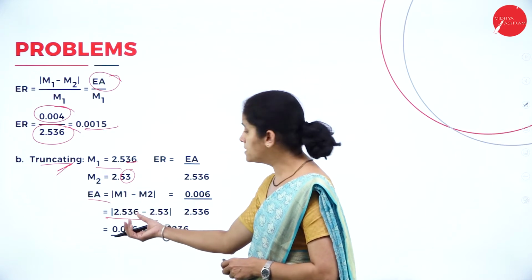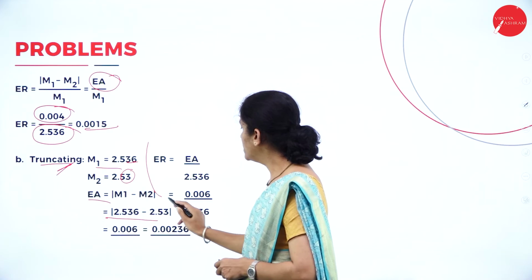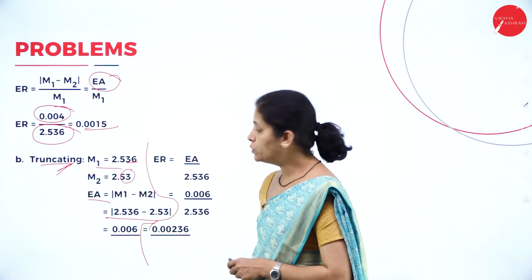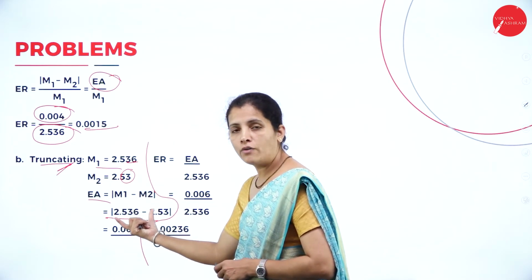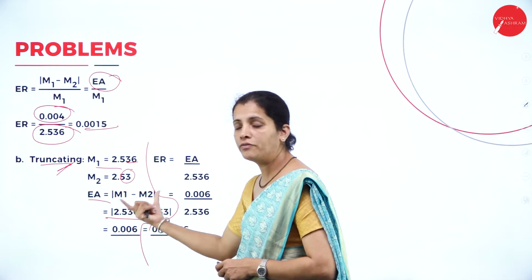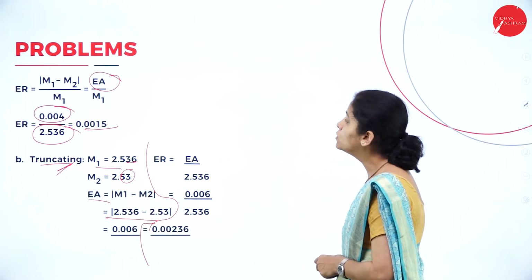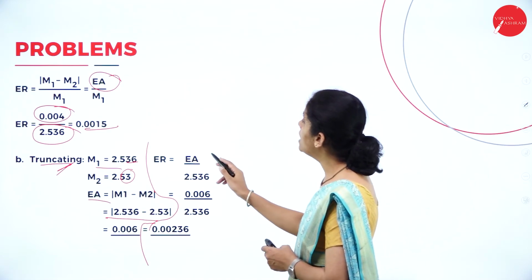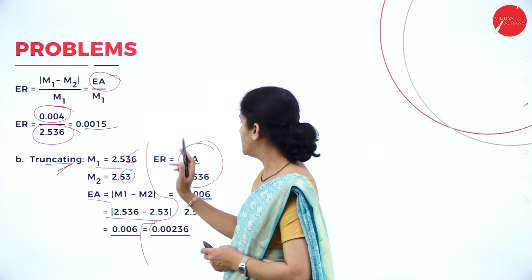When I subtract, I am going to get some negative value. So, what am I going to do? When I take the magnitude, that is nothing but the mod of that, I am going to get the positive value. Then, to find out relative error, I have the formula absolute error divided by M1.